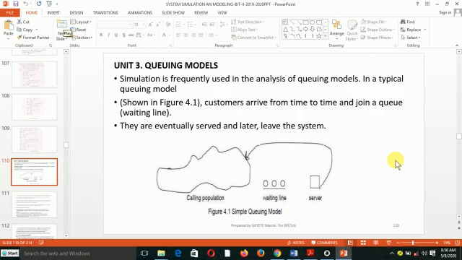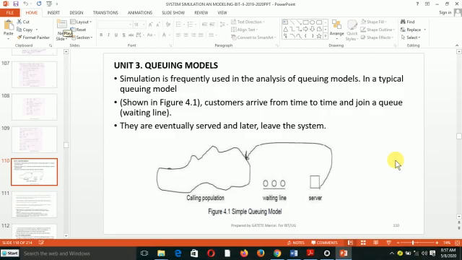So before implementing a new organization, you have also to think about a queue. To manage a queue, you have to have queuing models. This will help you analyze the performance of your system.